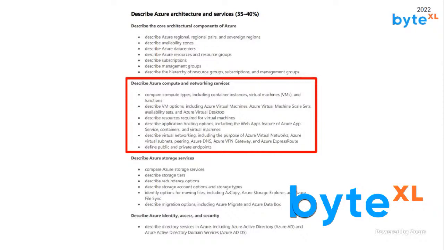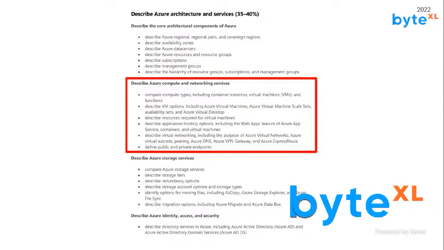We'll also understand the virtual machine options, including the Azure virtual machine, scale set, availability set, and virtual desktop, and the resources required for a virtual machine. We'll also cover application hosting options. If we need to host an application, how could it be done?